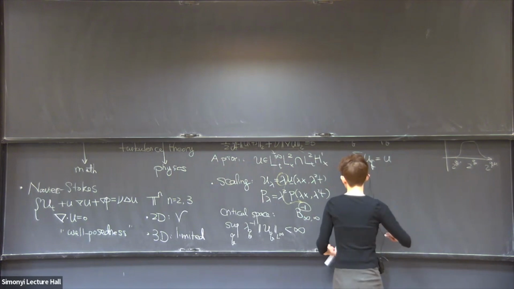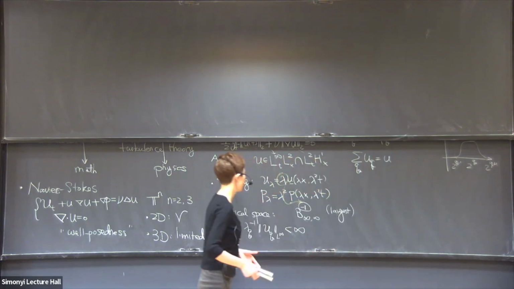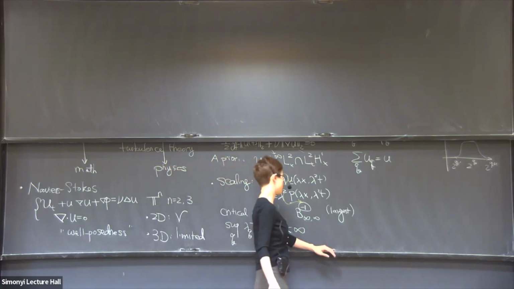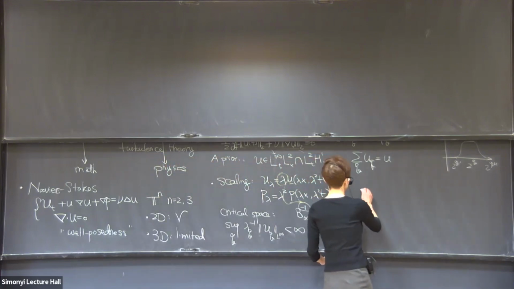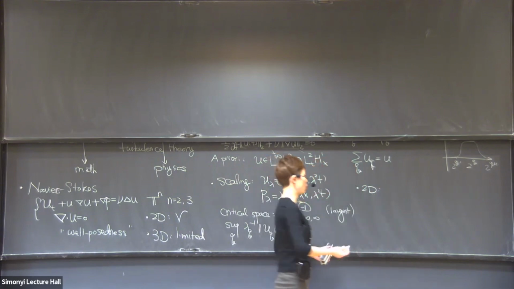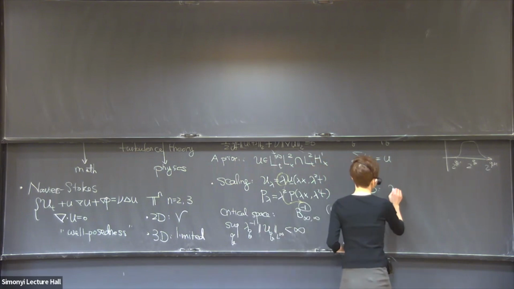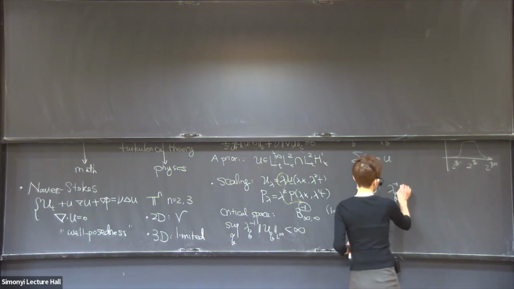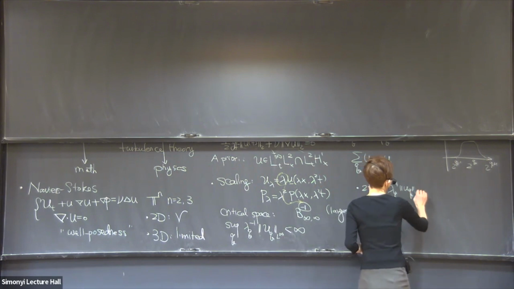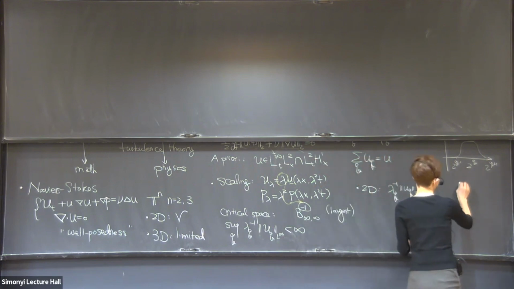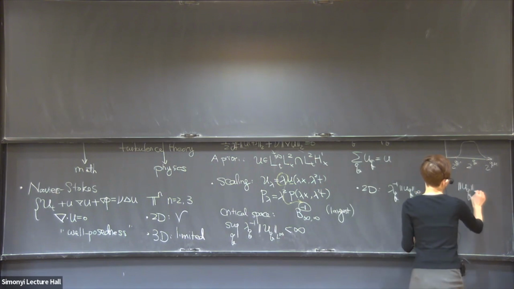Okay, so now let's actually look at other critical spaces in 2D, just by using Bernstein's inequality. Okay, so we take this largest one, the smallest norm. We can change the l^p to any other l^p. For instance, let's look at L2.